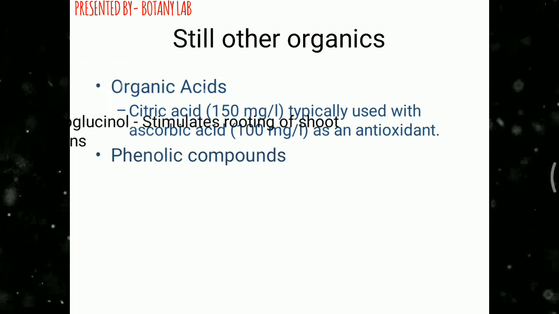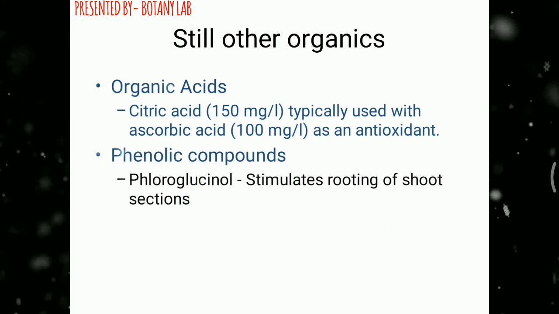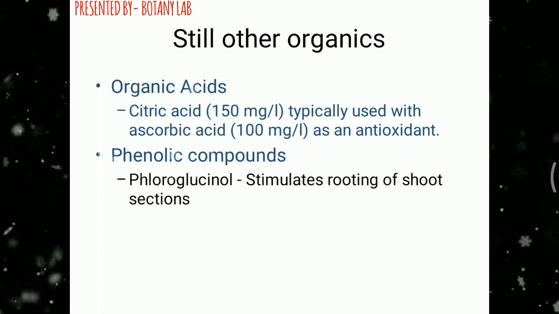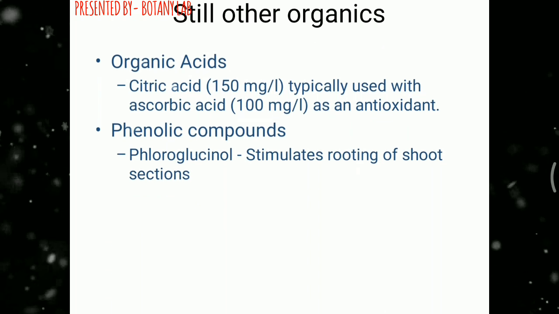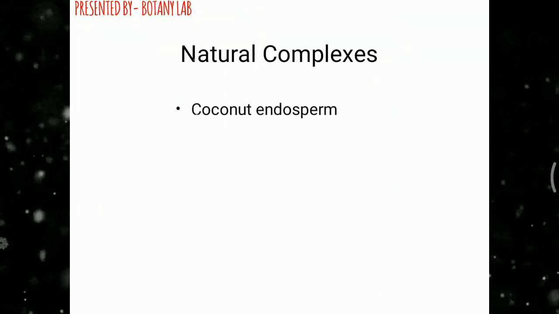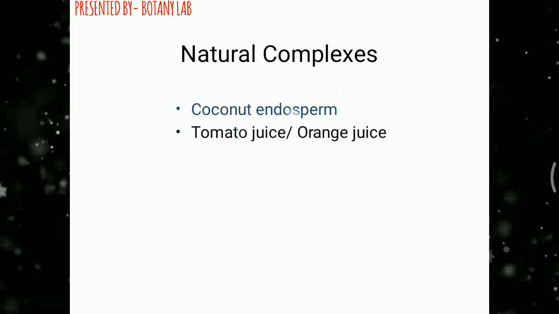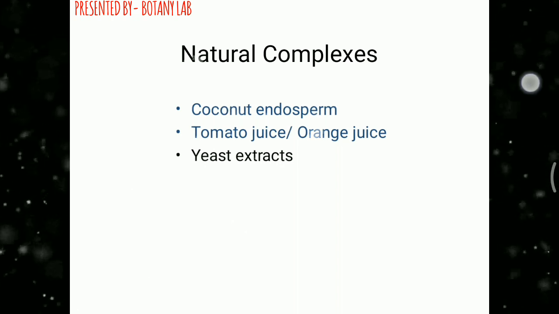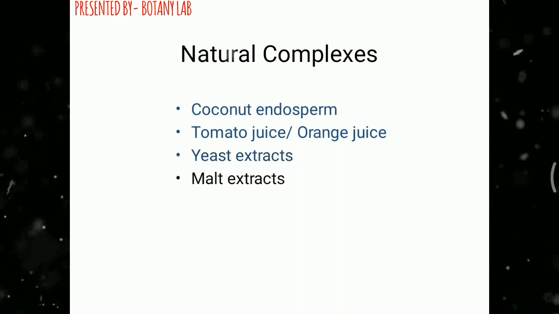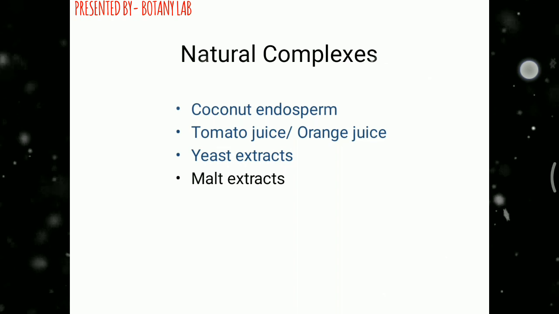Phenolic compounds, phloroglucinol, which stimulates the rooting of shoot sections. Now the natural complexes, such as coconut endosperm, tomato juice or orange juice, yeast extracts, and malt extract can also be used.